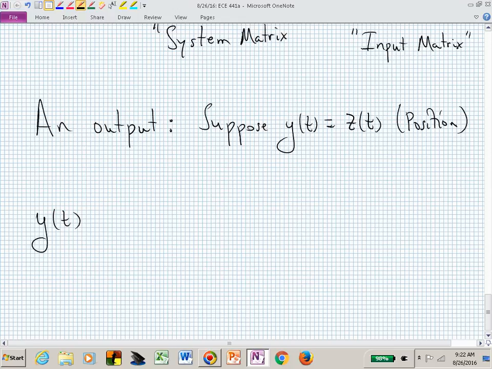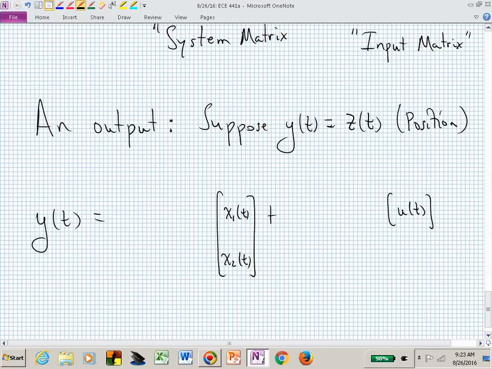It could be position, Y sub 1, and velocity, Y sub 2. But now the output equation needs to be some matrix times the state vector, and you've already defined that. That's just this stacked column of state variables, x1 and x2, plus some matrix times our input vector. And our input vector was a scalar. It's 1 by 1.